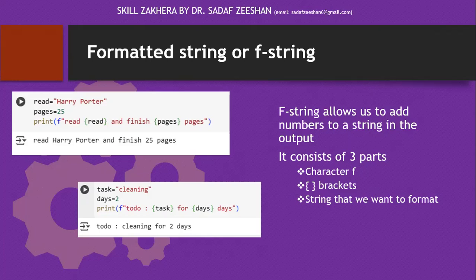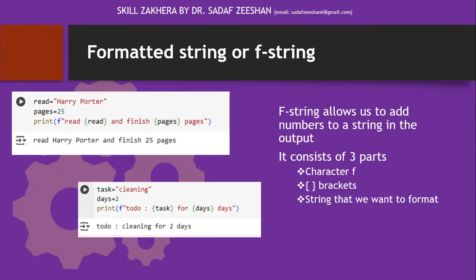So for example, if I want to print read Harry Potter and finish this amount of pages. What I'm going to do is, just like I write print and brackets, I'm going to start with writing F, then start the double quote, write whatever I have to write, and then where the variable name is mentioned, I'm going to include the curly brackets.